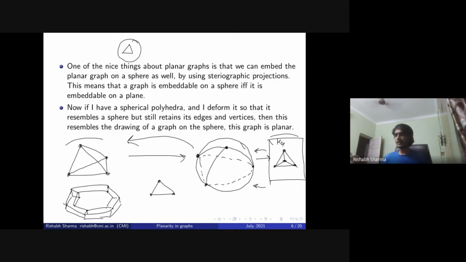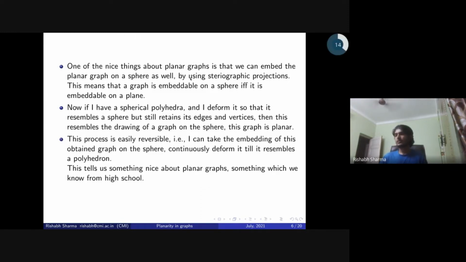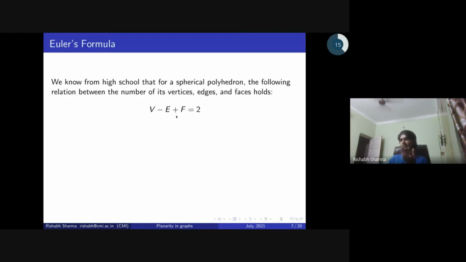Some of them do, and this gives us an idea of why planar graphs can satisfy Euler's formula in some way. We know from school that Euler's formula is something. So, what is Euler's formula? I must say that first. If I have a spherical polyhedra and I count its number of vertices, edges, and faces, let's take the tetrahedron again.